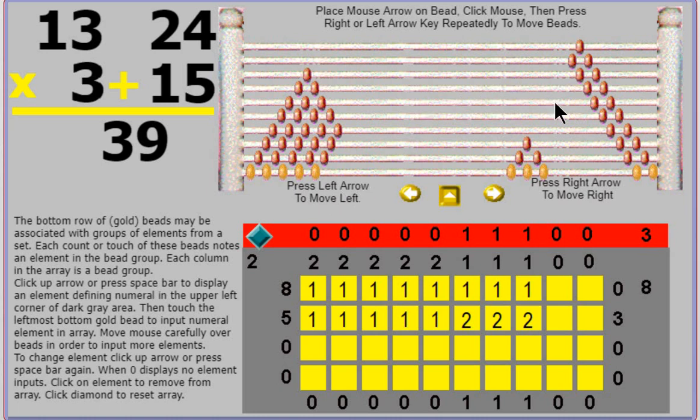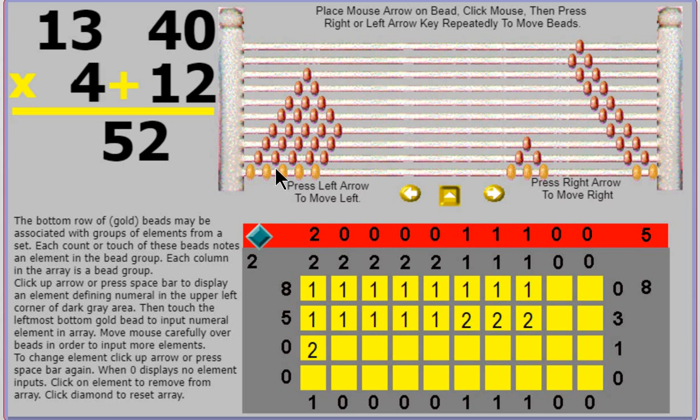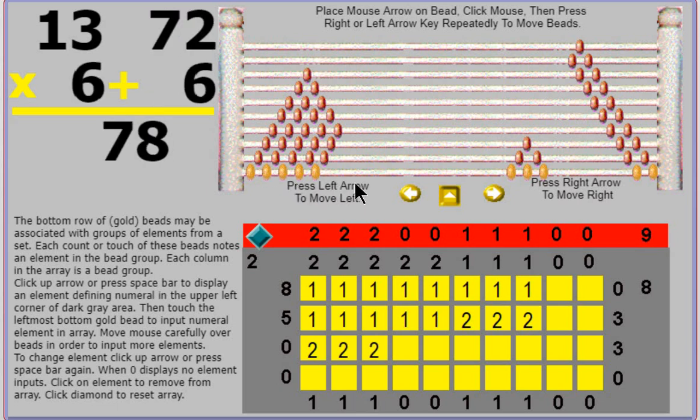Since I can't continue any farther this way because I'm using base 8, I can't count above the base. But I can go over here and add to my second count of 2s. So let's say I go 2, 3. And then I push the 4th bead over.